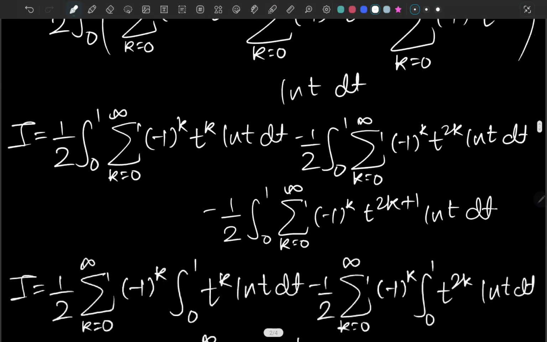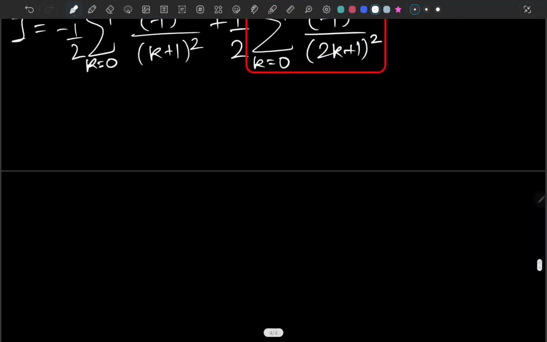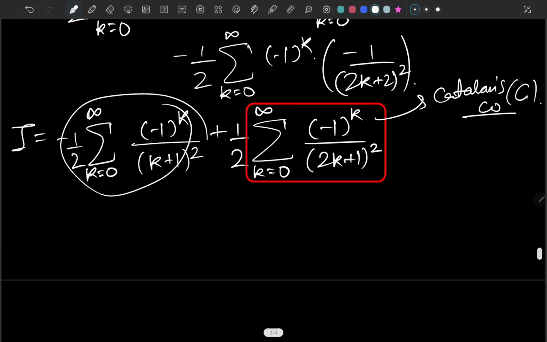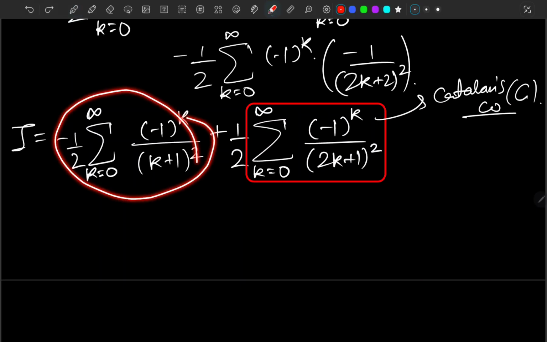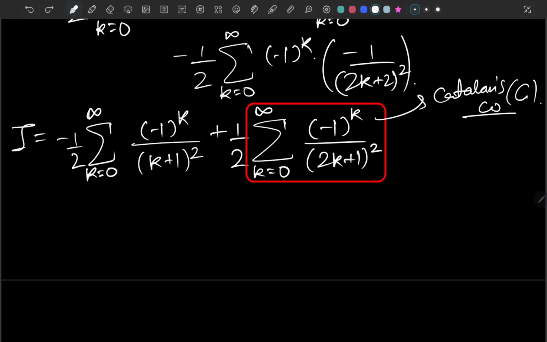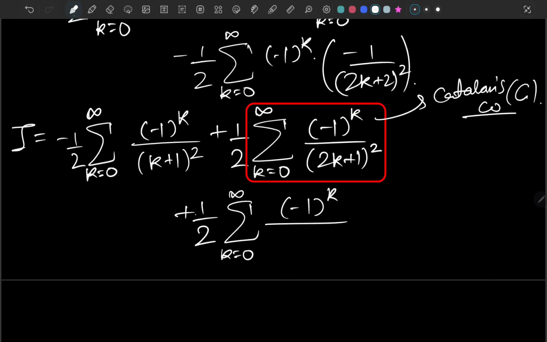Don't worry, let me just show you that this everything and this one also going to be evaluated to negative 3 over 16 zeta of 2, Riemann zeta of 2 actually, and again a positive 1 half the sum as k goes from 0 to infinity of negative 1 to the k over 2k plus 1 whole squared.